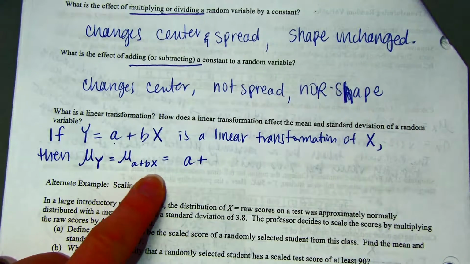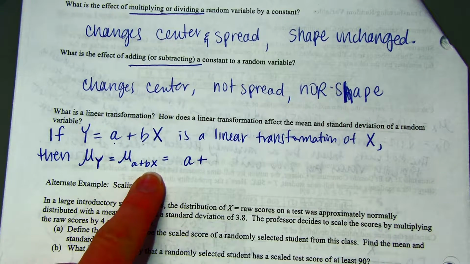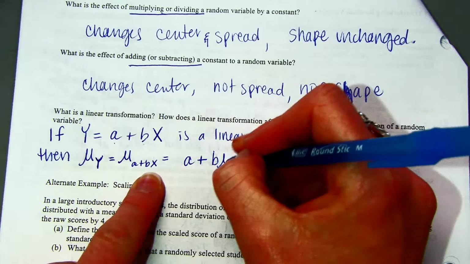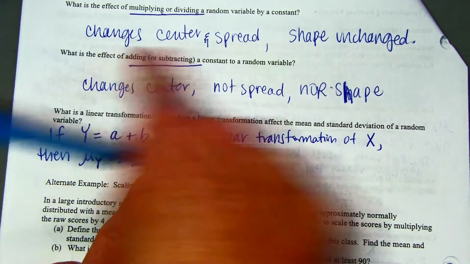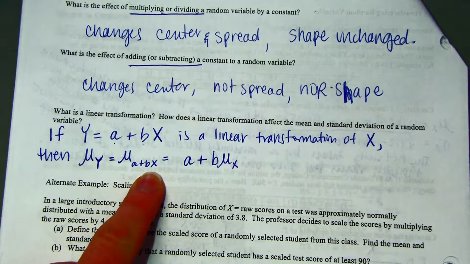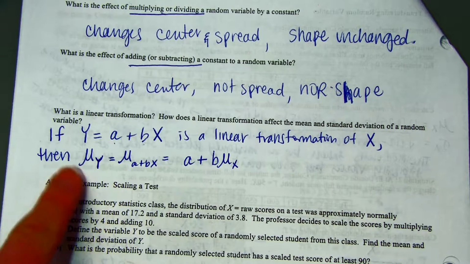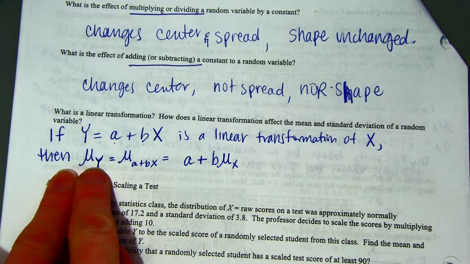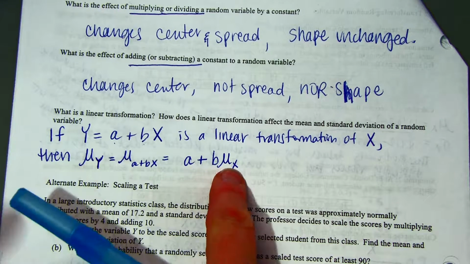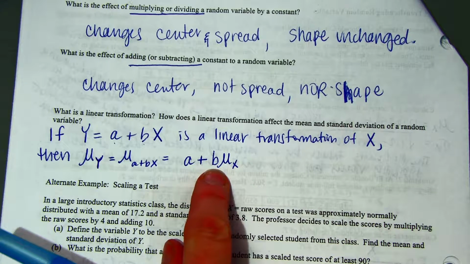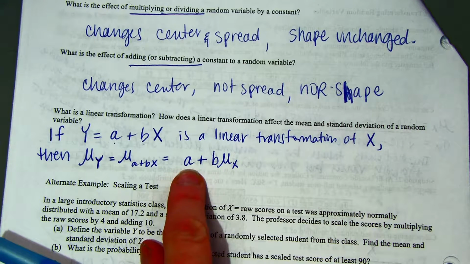And does multiplying something by the mean change the mean? Yes. So if I want to find the mean of y, this new random variable that I've just created, I can take the old mean, multiply it by b, and then add a to it.